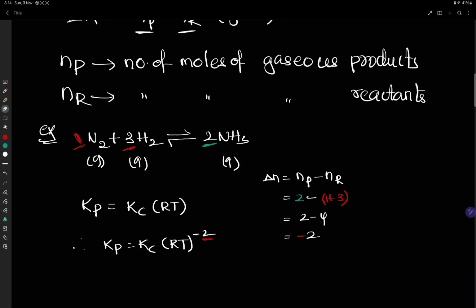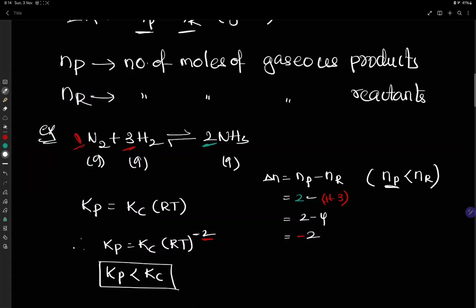In case Np is less than Nr, that is, number of moles of gaseous reactants is greater than number of moles of gaseous products. Just to remember, if Np is less, then Kp is less than Kc. You need to remember it in this way.